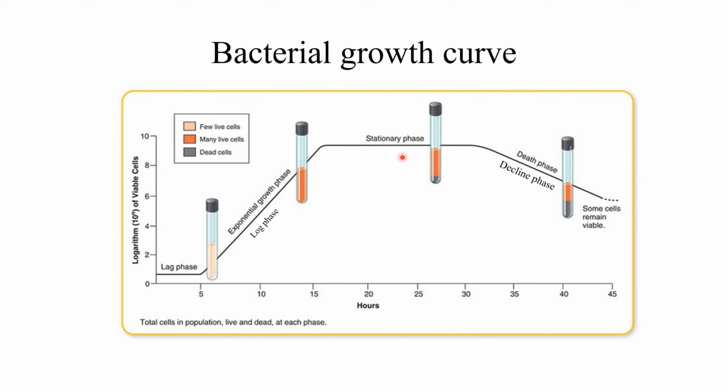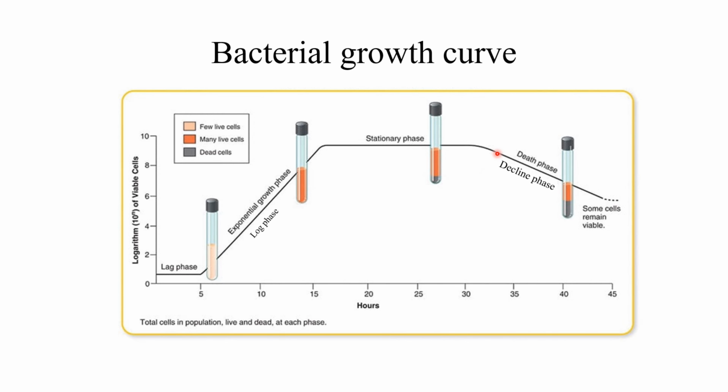The culture media will have only a limited amount of nutrient and bacteria will utilize this nutrient, so there will be depletion of the nutrient. And also the death of the bacteria will be equal to that of the newly formed bacteria. So in the stationary phase, the viable count will be stable.